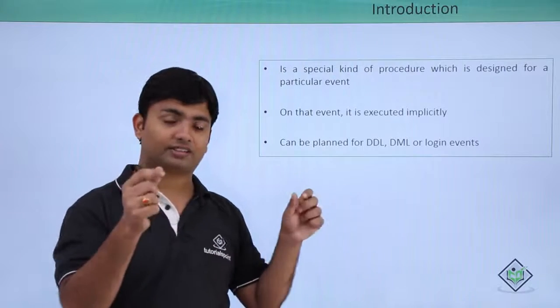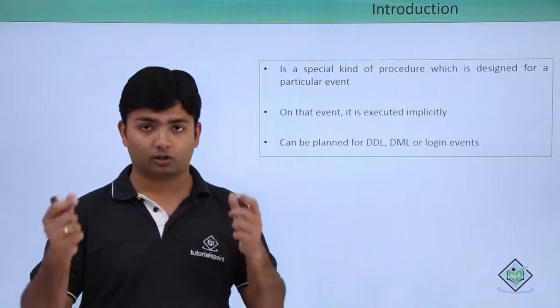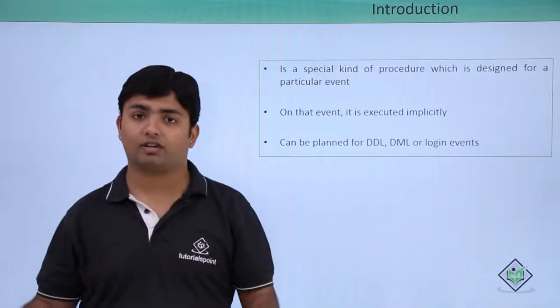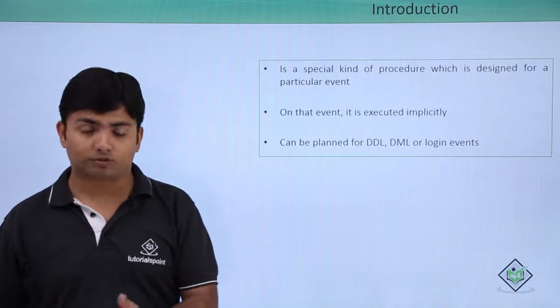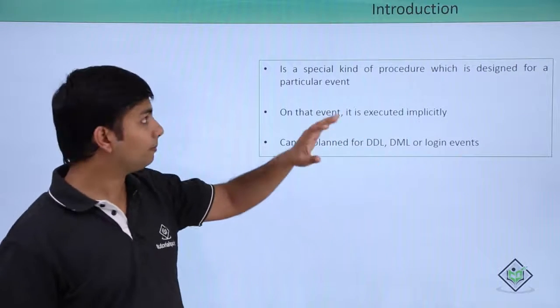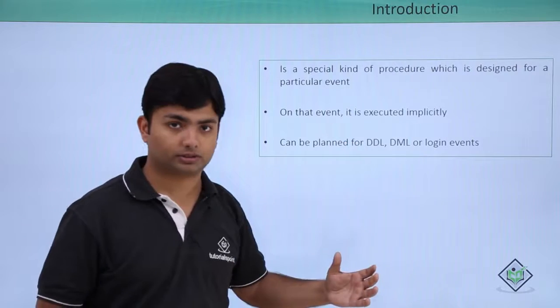Because if I start fetching the records entered today, we have to go into a table which already has a very big amount of data in it. So for such things we can plan our triggers.